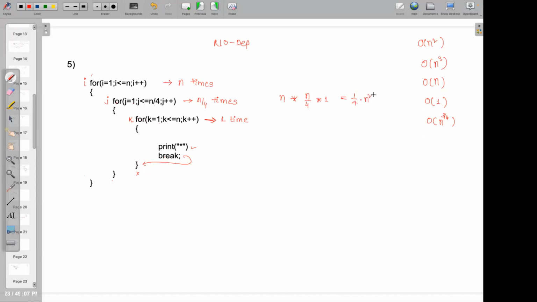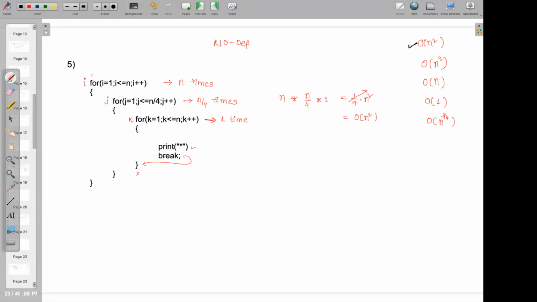Whatever the constant, you can ignore it when writing the big O. You can ignore this constant and write order of n square. Got it? Therefore, order of n square is the answer.